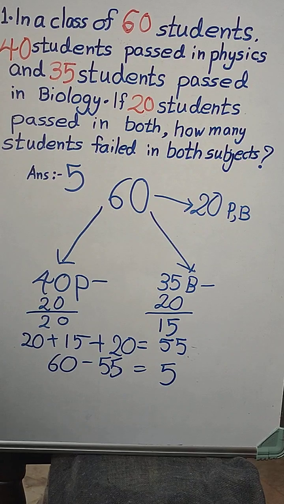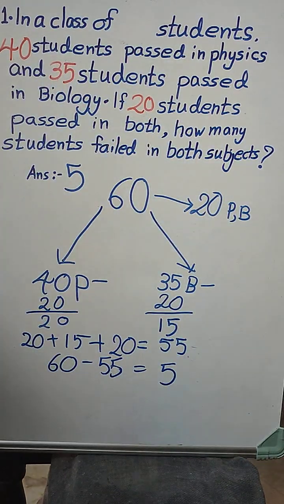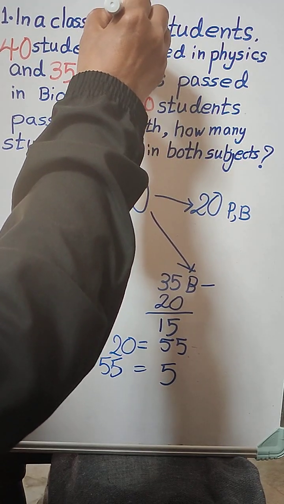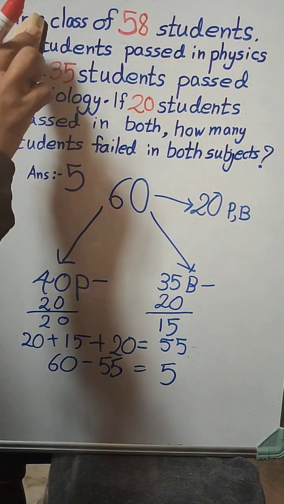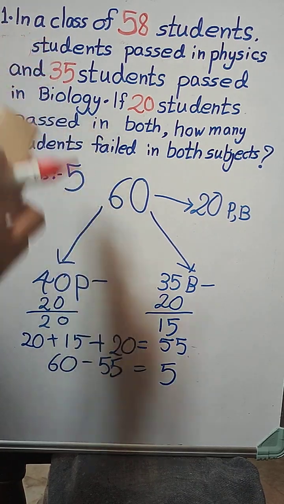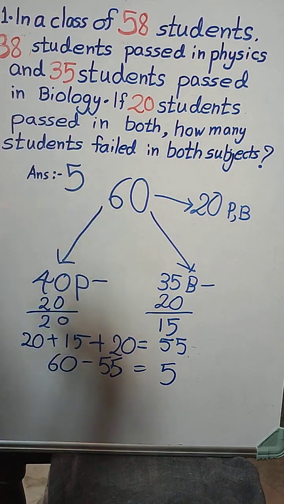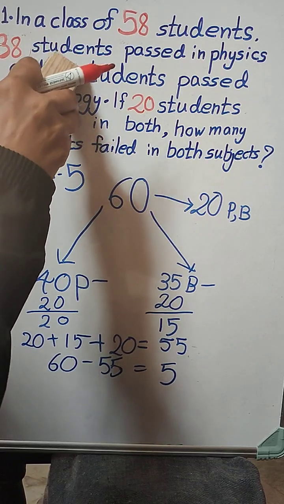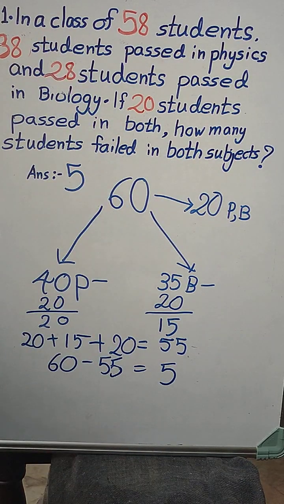Let us see another one. In a class of 58 students, 38 students passed in physics and 28 students passed in biology.